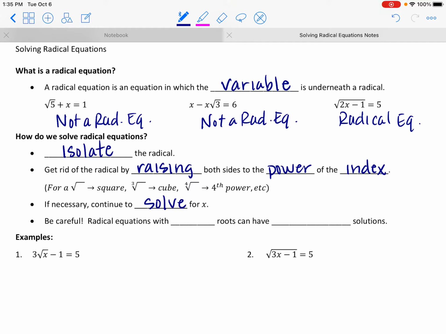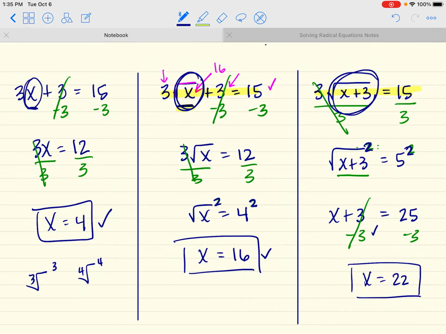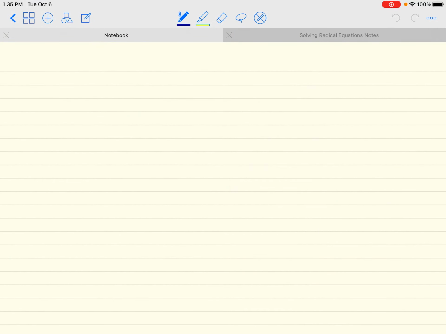And we got to be careful with radical equations. We want to be careful when we're solving in general, but we really have to be careful when our radical equations have even roots. Anytime there is a restriction for our equation, there's this possibility of getting extraneous solutions. If you remember, in our rational unit, if we had an equation like 1 over x plus 3 equal to, let's say, 1 over x minus 4, we had two restricted values for this equation.